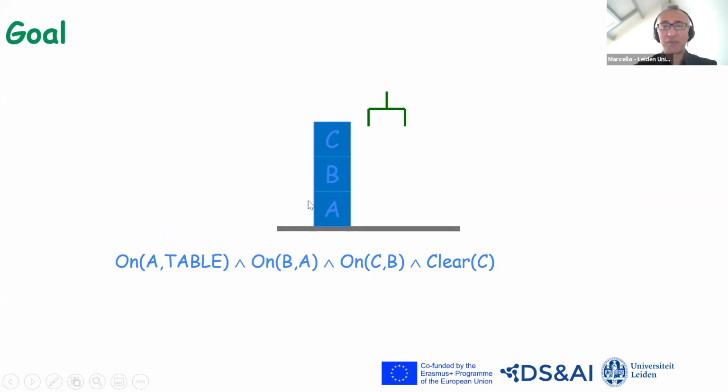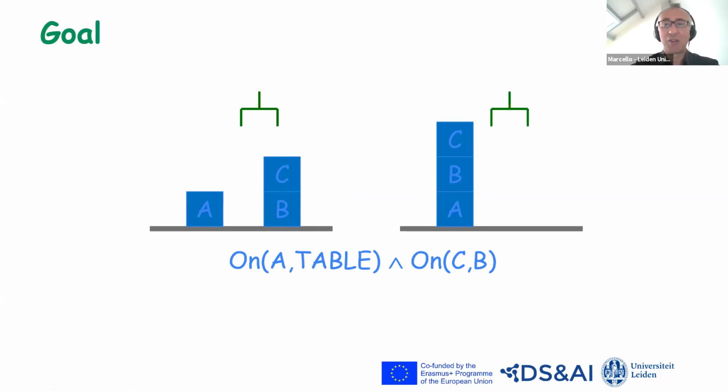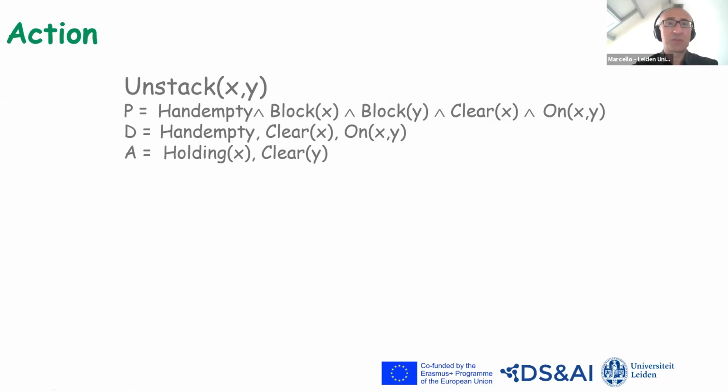You want to arrive so that everything is one on top of the other, and in exactly this order: B on top of A and C on top of B, and there's nothing on top of C, and A must be on the table. These are the goals. That's one possible way, and then you have to have the actions.